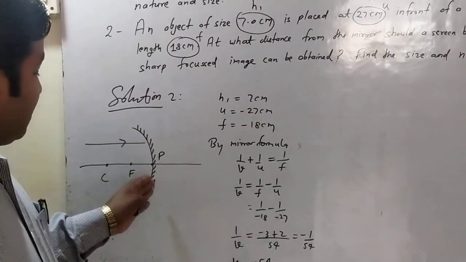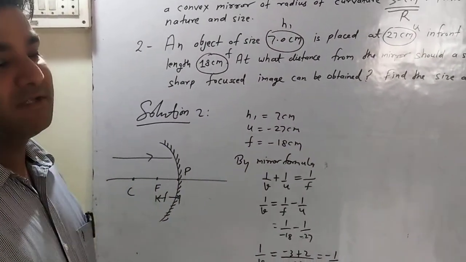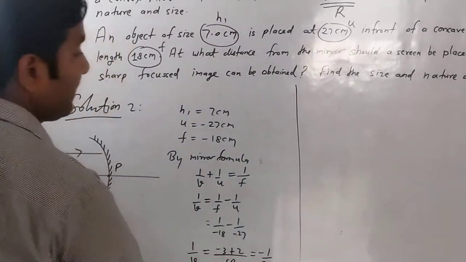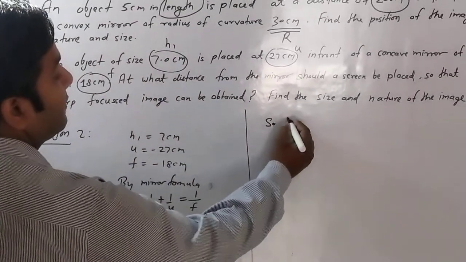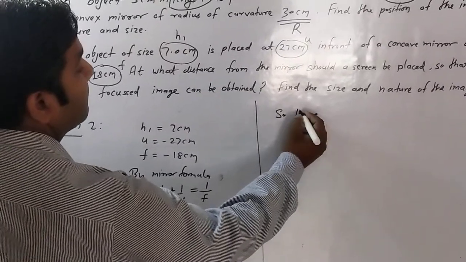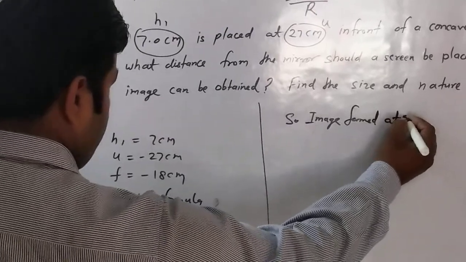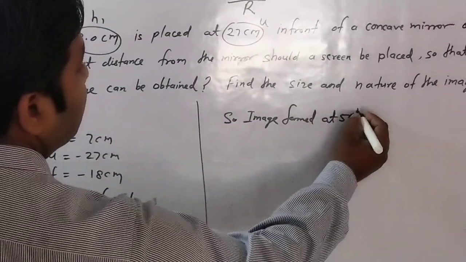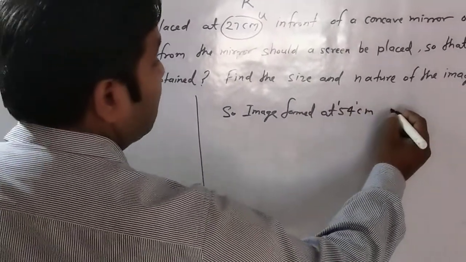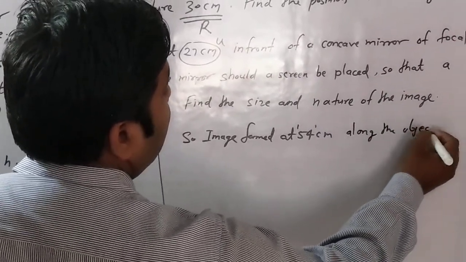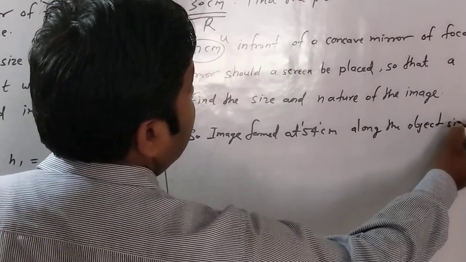It means the image also lies on the left side. It means along the direction of the object, along the object side. So the image is formed at 54 centimeter along the object side.